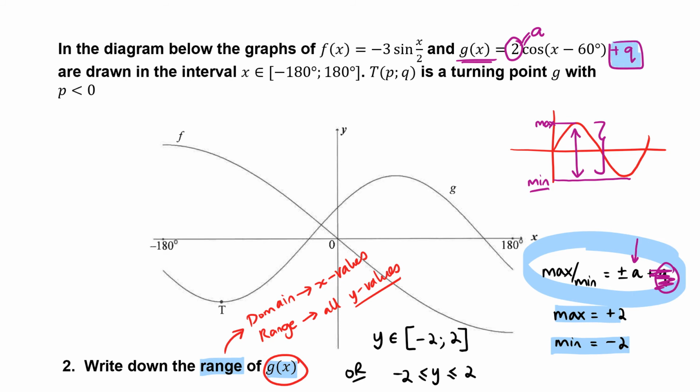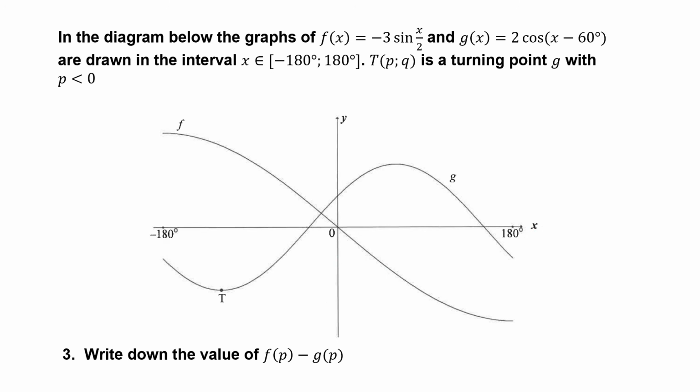The next bit over here, it says write down the value of f of p minus g of p. And again, that p value is referring to that coordinate of t.